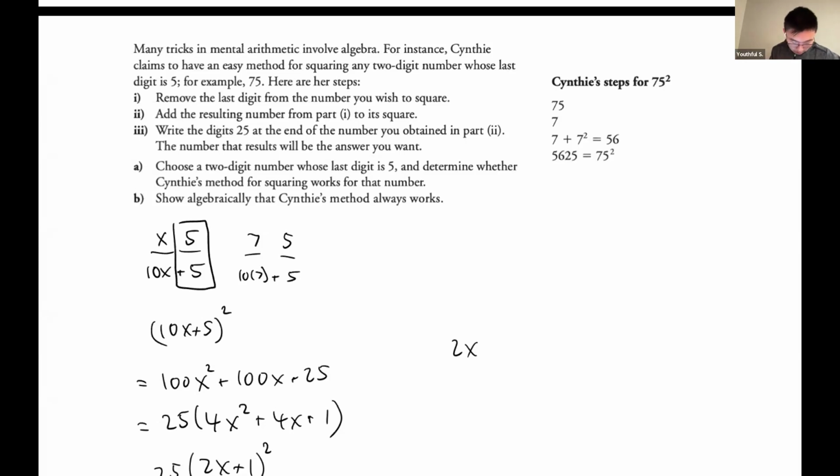So remove the 5, so you're left with 10x. Although actually it's really just x because you're keeping the 7, right? So it's not 70, it's just 7. So you take 7 plus 7 squared. Then you multiply this by 100. And then you add 25. That seems to be what they're doing.